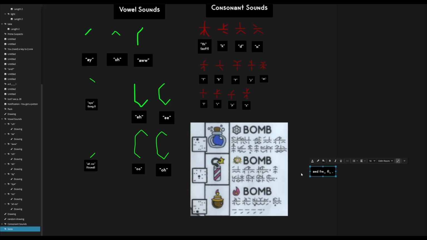Space, comma, the. Rufus is going at it. Something D. This is not making any sense.